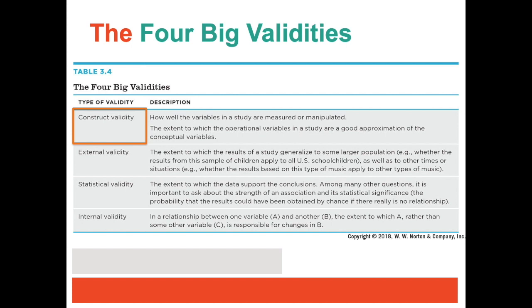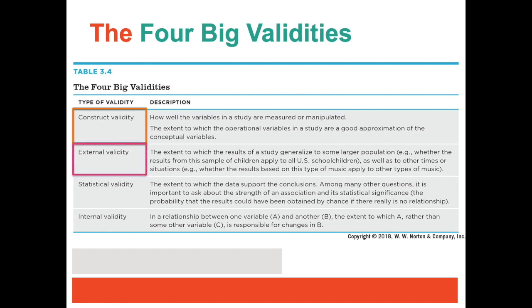That's how well variables in a study are measured or manipulated. Do they measure the variables well, and are the variables actually what they should be measuring? This has a lot to do with the operational definition. Does their measure actually get at what they claim they're measuring?